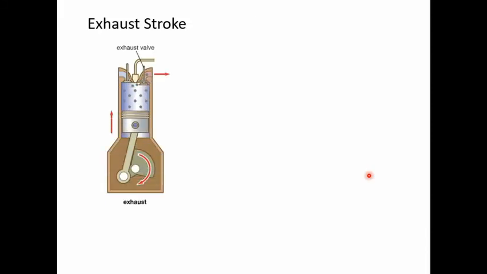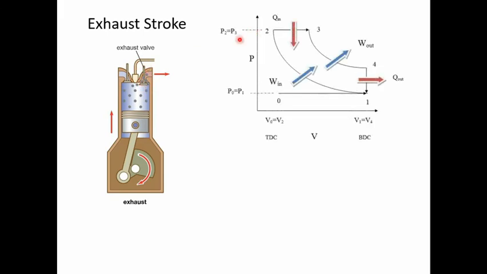And last, there is the exhaust stroke. In the exhaust stroke, the piston head moves from bottom dead center to top dead center, opening the exhaust valve. In the PV diagram, we can see that from 4 to 1 the exhaust stroke takes place, or it can be said that a constant volume heat rejection process is taking place here.